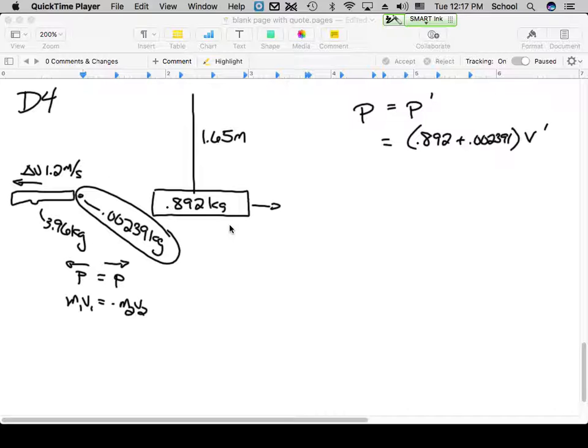So really all I have to do is say how much momentum did the rifle have right after the shot, and that's going to be the 3.96 times the 1.2. If we did the solving and figured out what it is for the bullet, then I'd have to stick the bullet thing in there, but it's going to be equal, so we might as well just skip that step.